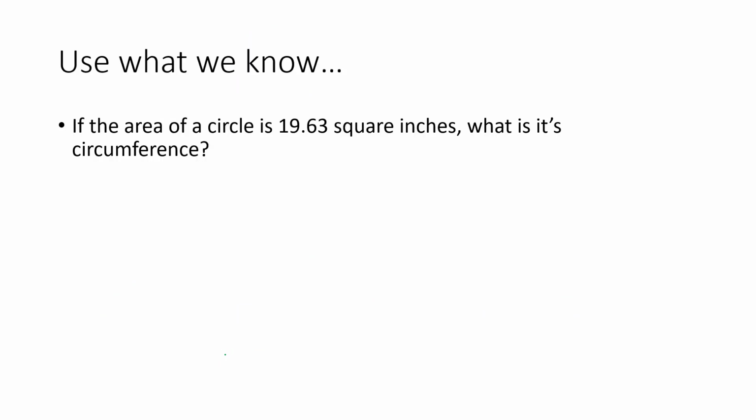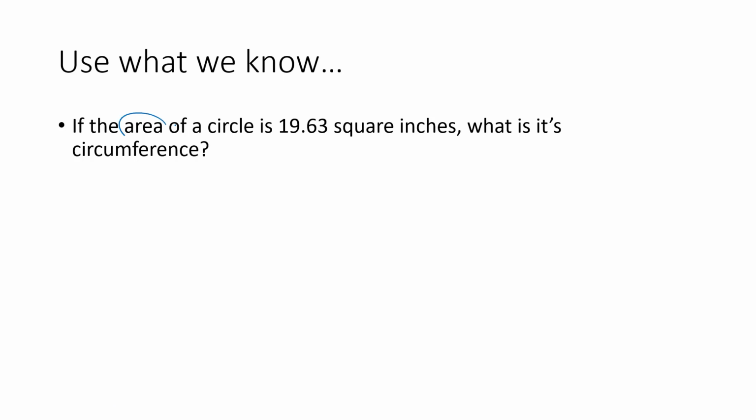Now, as you're working with your formulas for areas of a circle and circumference of a circle, quite often we have to use what we know to get what we need to solve the question. So for example, this question says, I know the area of a circle is 19.63 square inches. It wants to know the circumference.